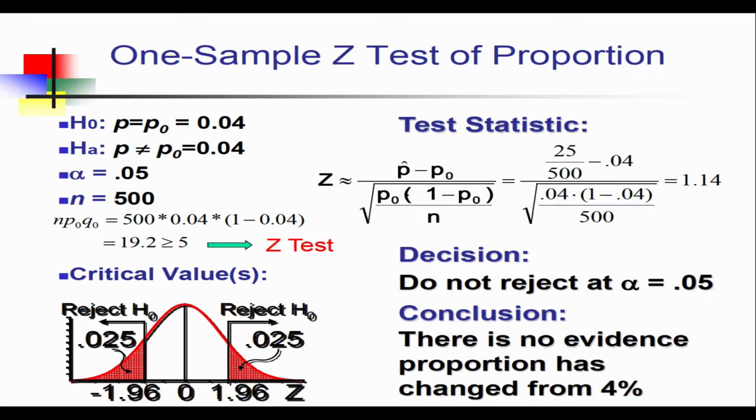The conclusion is there's no evidence this proportion has changed from 4%. Is that okay? So you have to assume your data has a normal distribution to apply it, basically. This is the one where we check this condition, n times p0 times q0. If this number is large enough, we can use the normal distribution to approximate the distribution for p hat.